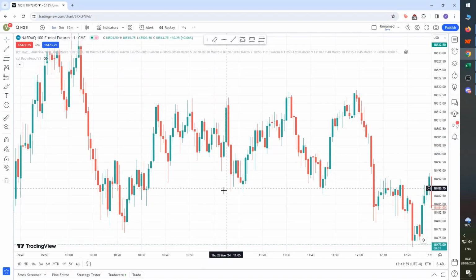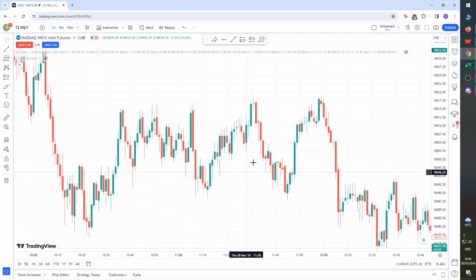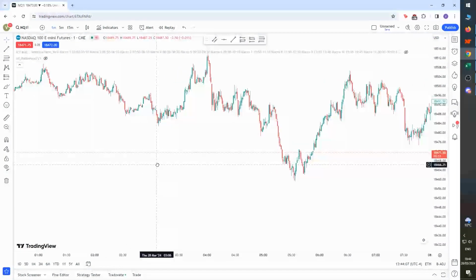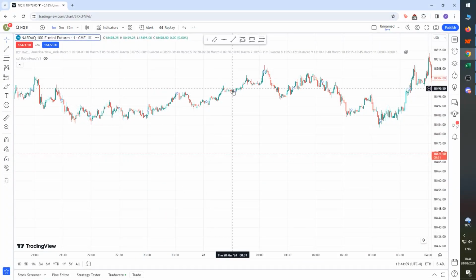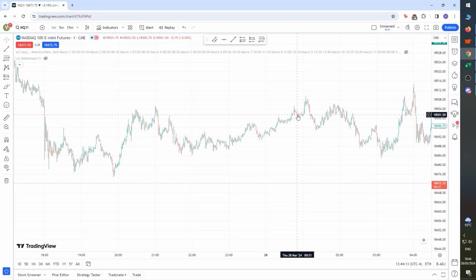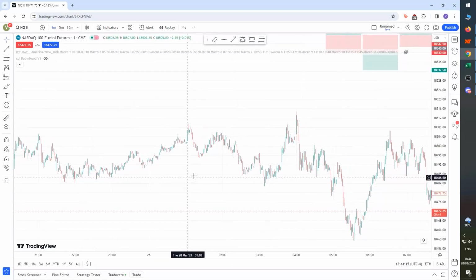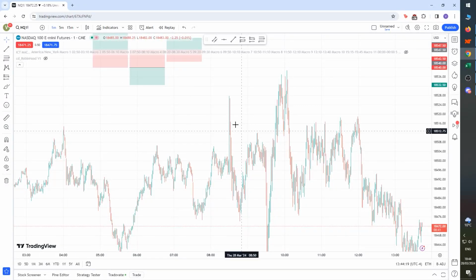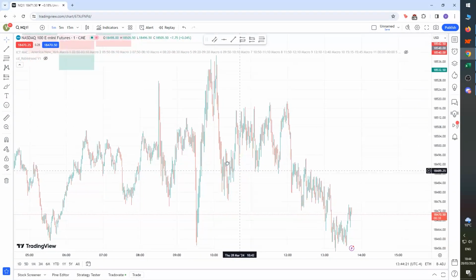But all these choppy things can be dangerous for the strategy. So I like my London time. It's slow and steady, but you know, it goes in the right direction for the most part. Sometimes, of course, you still lose, right? So yeah, that's that.